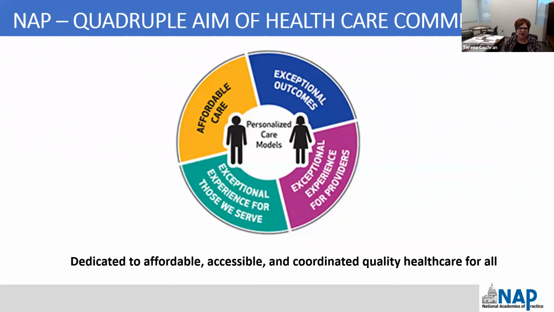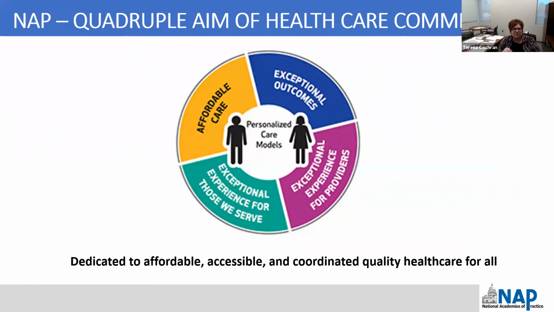The IHI developed the triple aim in 2008 as a guide for new models of healthcare delivery. The focus of the triple aim was to improve the patient experience, improve population health, and decrease or contain per capita costs.